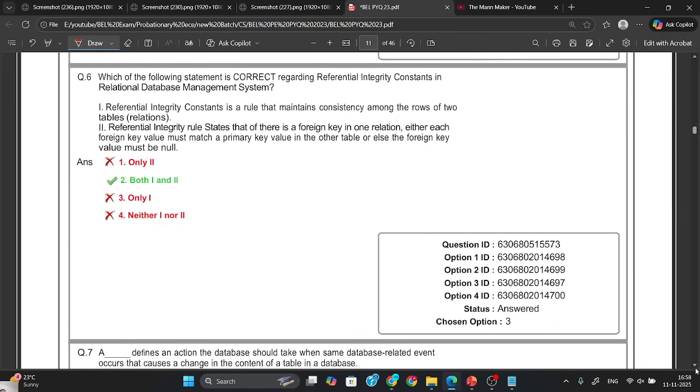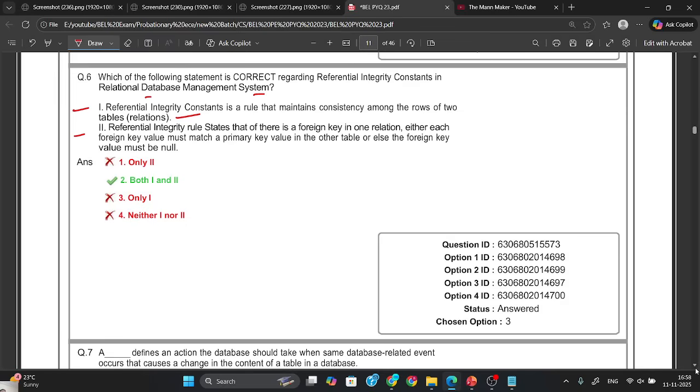Which of the following statements is correct regarding referential integrity constraints of a relational database management system? Okay, so we have two statements. Referential integrity constraint is a rule that maintains consistency among the rows of the two tables.